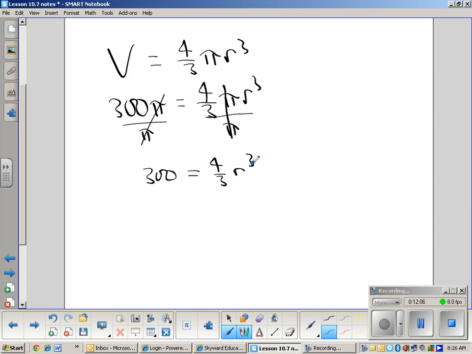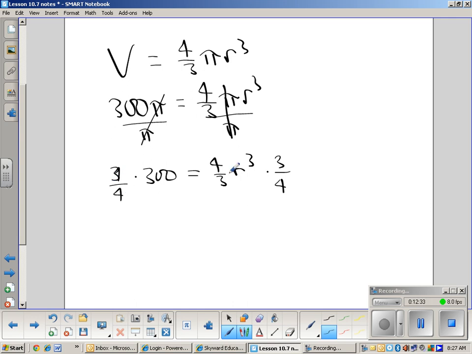What do I need to get rid of now? How do I do it? They're dividing by 3, right? So we need to multiply by 3. What are they multiplying by? 4. So what do I do with it? Divide by 4. So in other words, I'm multiplying by the reciprocal, aren't I?